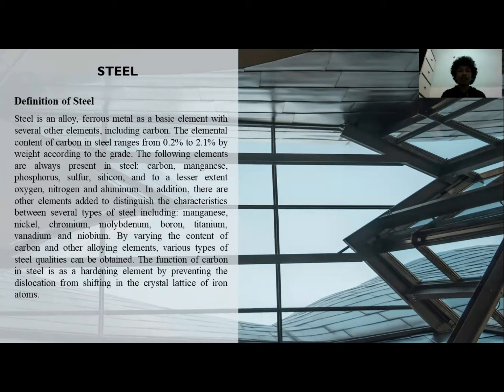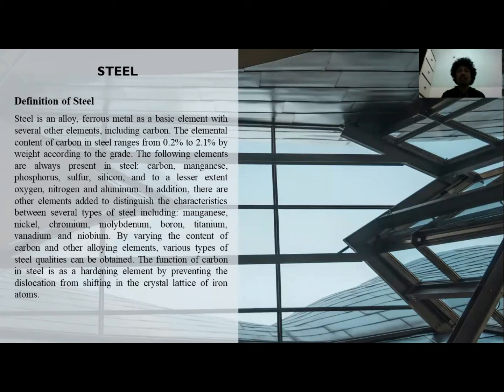The following elements are always present in steel: carbon, manganese, phosphorus, sulfur, silicon, and to a lesser extent oxygen, nitrogen, and aluminum.